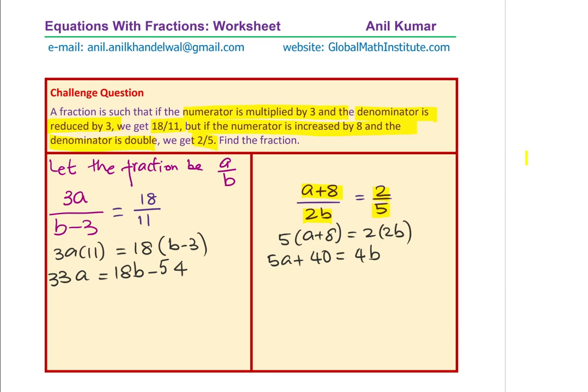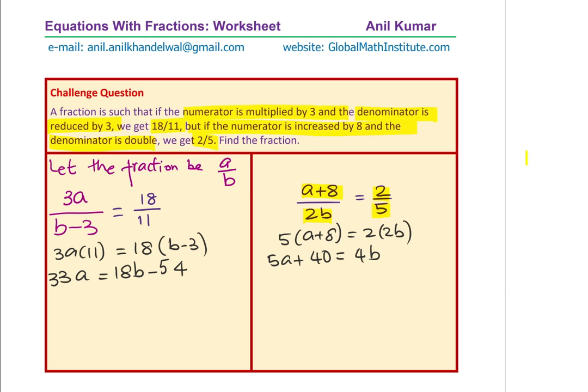So what we could do to solve this further, we need to simplify it in terms of a and b. One of the variables can be reduced. And so you can now substitute the value of a in b or the value of b in a and then further solve. You get the idea.